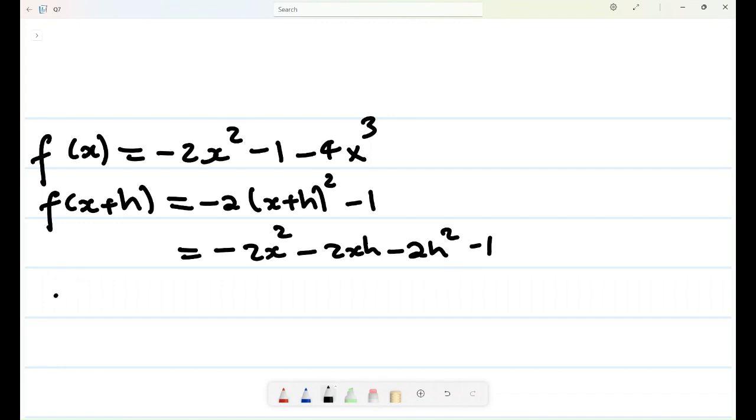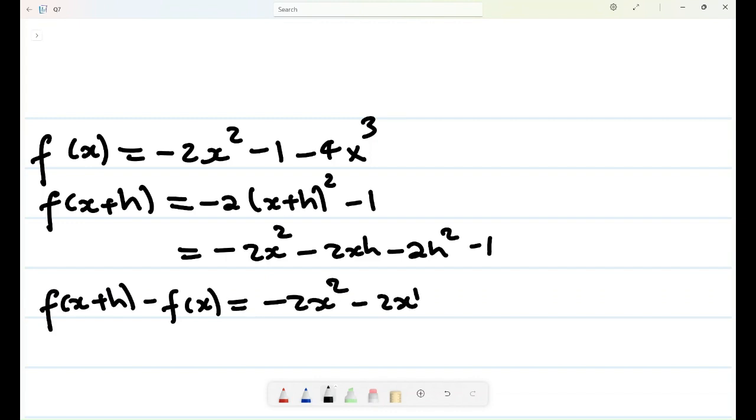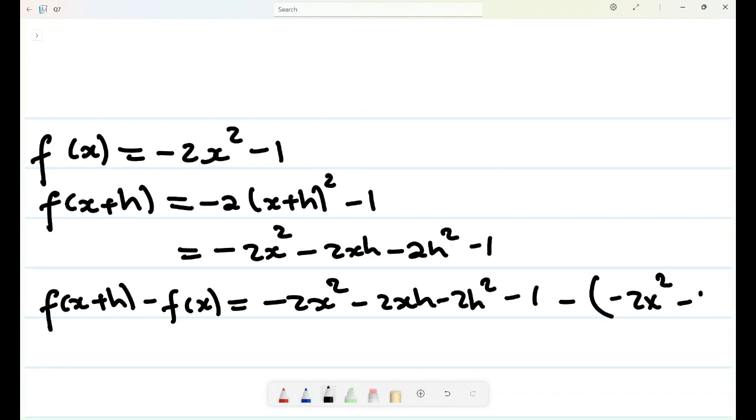So I'm going to find f of x plus h minus f of x. How much is that? It is negative 2x squared minus 2xh minus 2h squared minus 1, minus negative 2x squared minus 1.